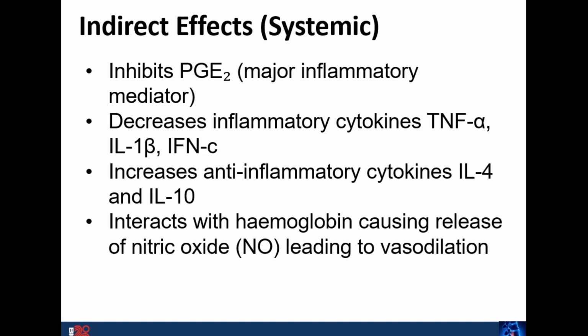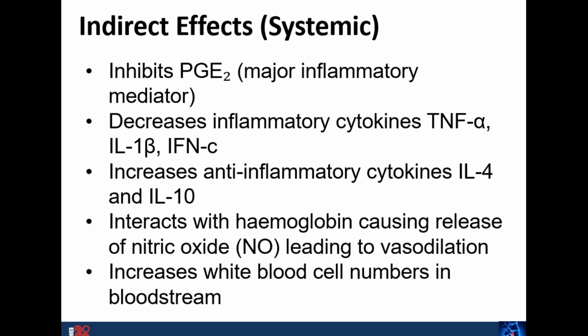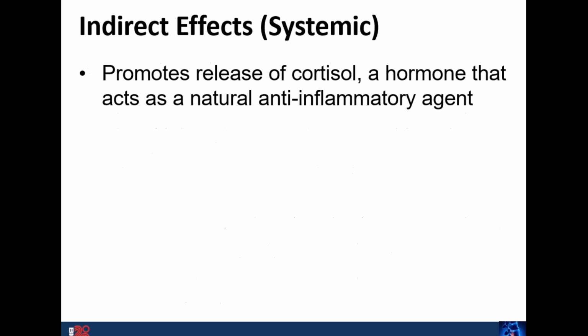This leads to vasodilation in the direct area in and around the disc. So vasodilation will help with the blood supply to and from the discal area to facilitate and accelerate the healing process. And it also increases white blood cell numbers, which would of course help with this whole inflammatory process.